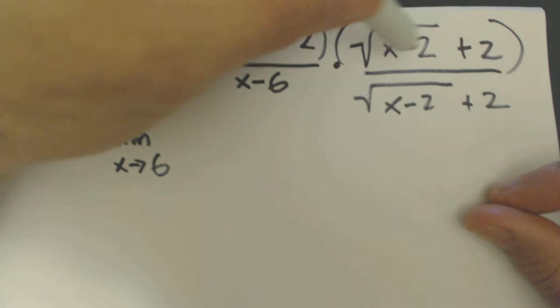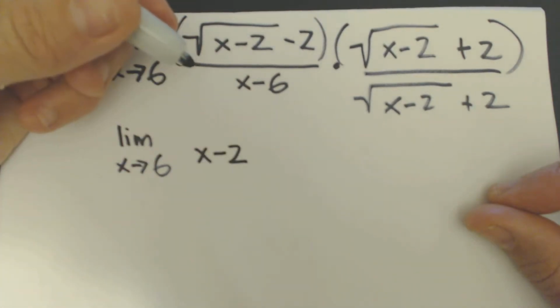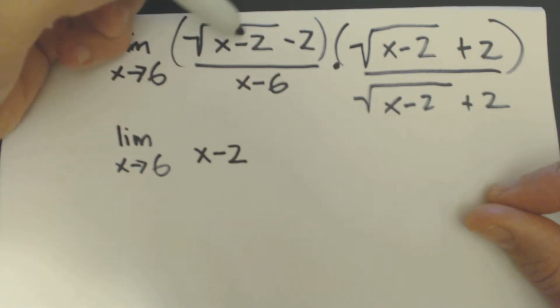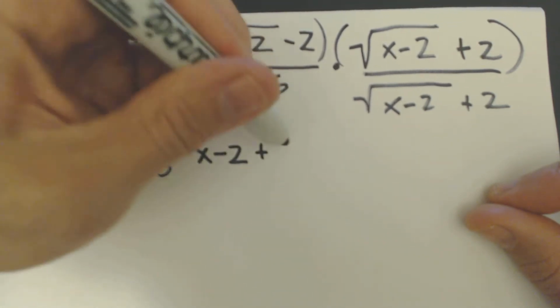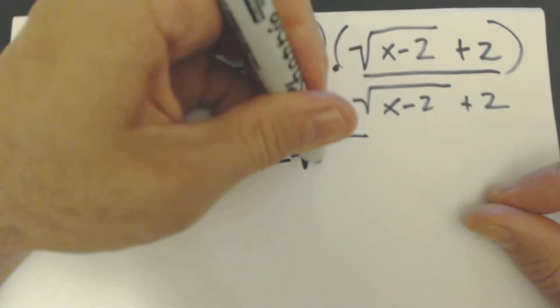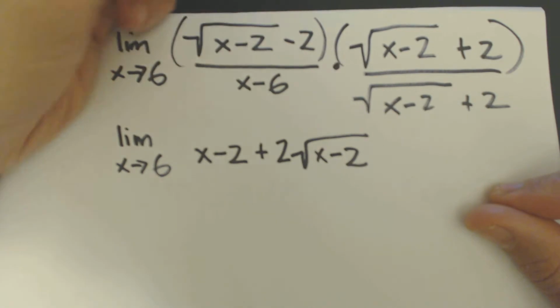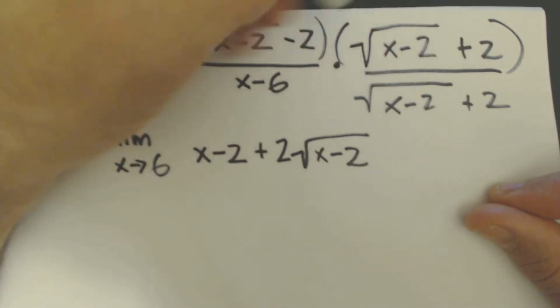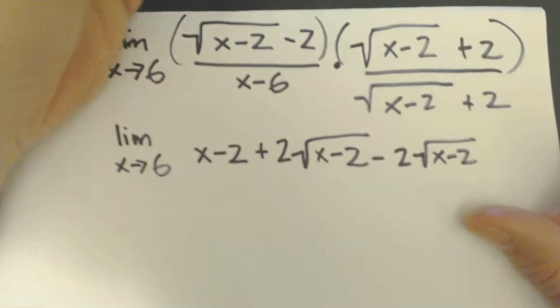So front, we multiply these two, and that's going to get us x minus 2. Then we're going to do the outer one, so that's going to be plus 2 times the square root of x minus 2. Then the inner terms, so that's going to be minus 2 square root of x minus 2.